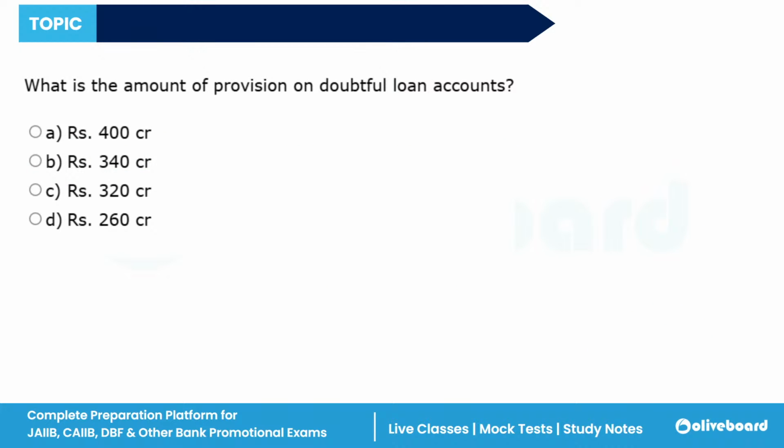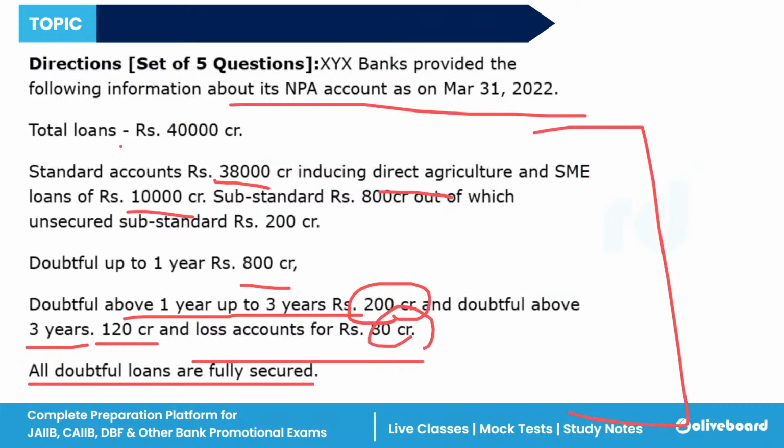Doubtful loan accounts provision. Doubtful loan provision is 800 crore. Here all doubtful loans are fully secured, right?